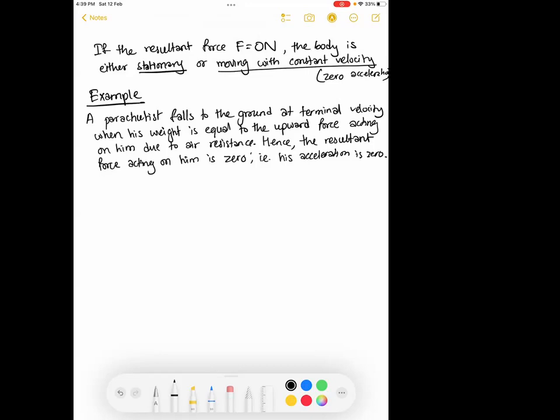When a parachutist is falling to the ground at terminal velocity, it means that his weight is equal to the upward force acting on him due to the air resistance. That's why he reached terminal velocity. That means his acceleration is 0.